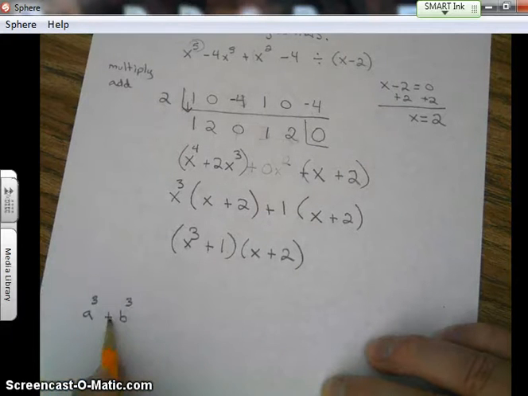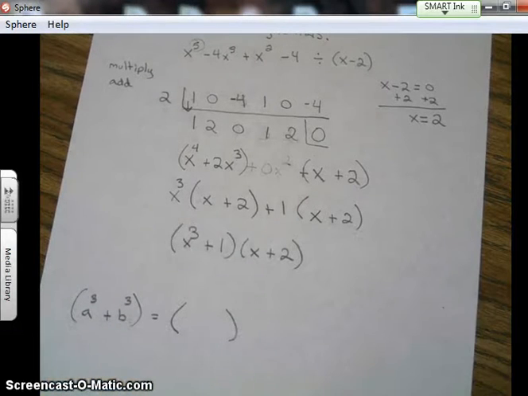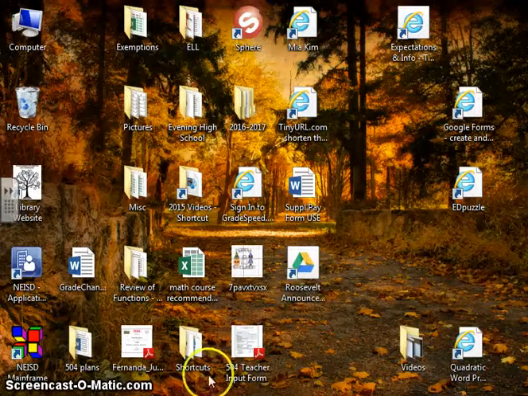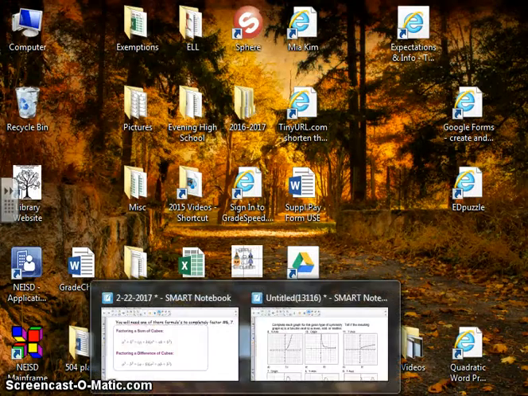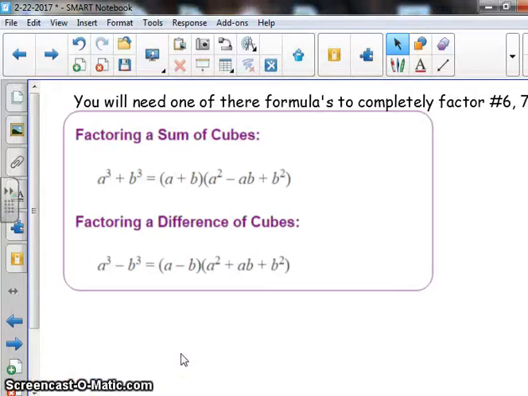So when you have the sum of two perfect cubes, okay, you can factor that very easily. Right here, the sum of two cubes. So it's going to factor to a plus b times a squared minus ab plus b squared.